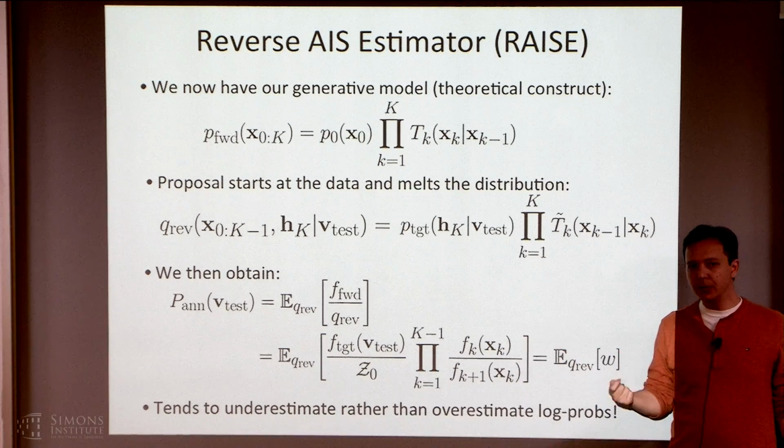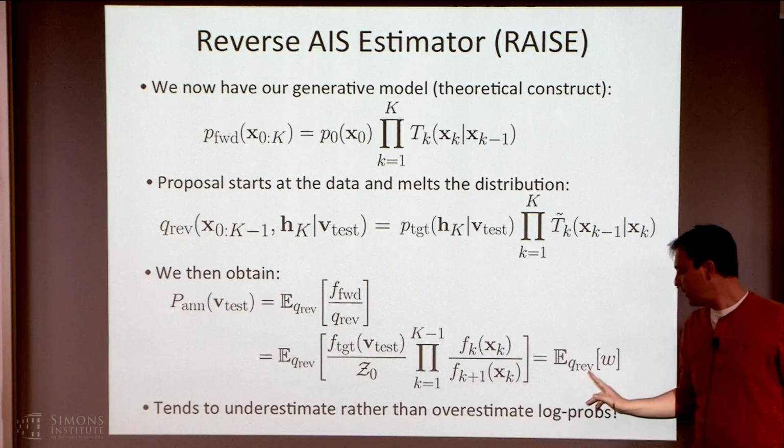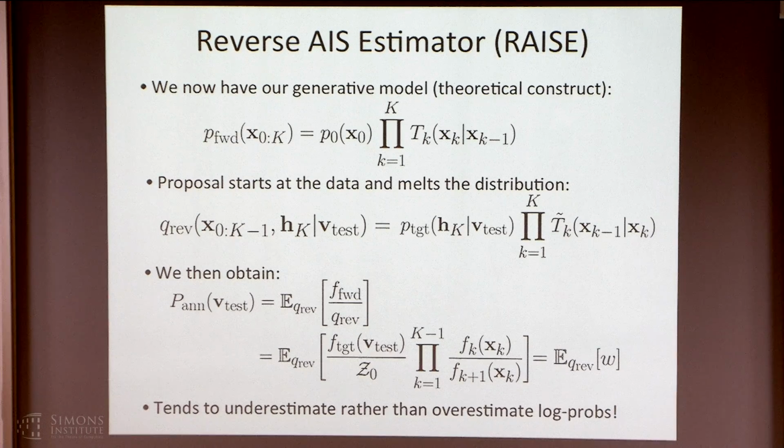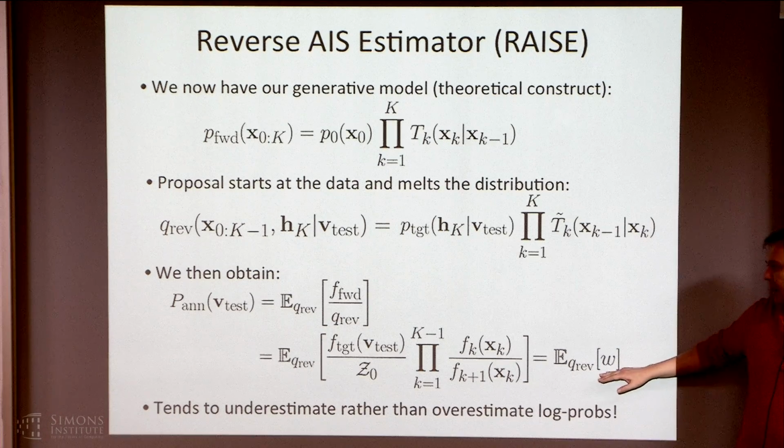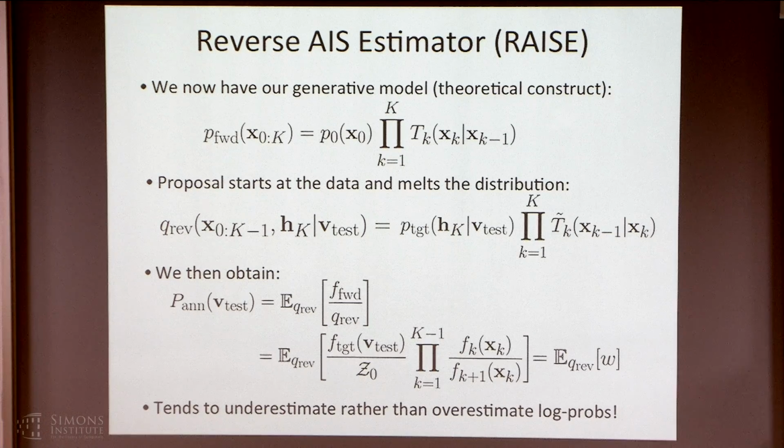I never need to compute any partition functions anywhere, and I can get the answer. We call it reversed annealing, or reversed annealed importance sampling, and we can show that on average this will be an underestimate rather than an overestimate. So it shows the bound the other way around.